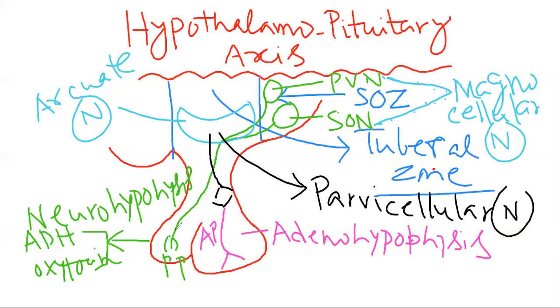Now this primary vessel system is known as the tuberohypophyseal tract.